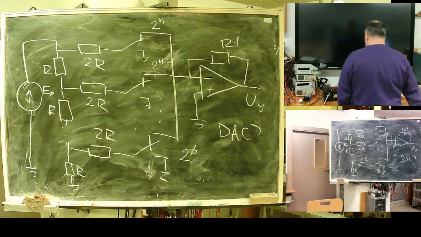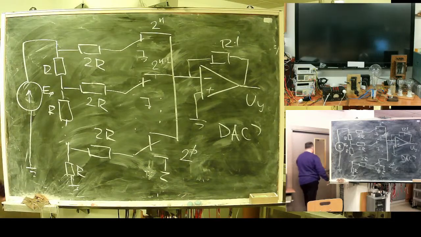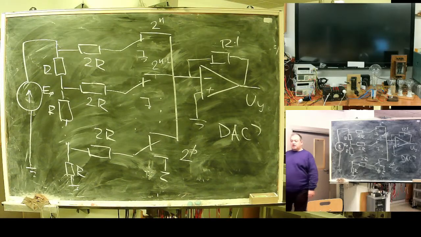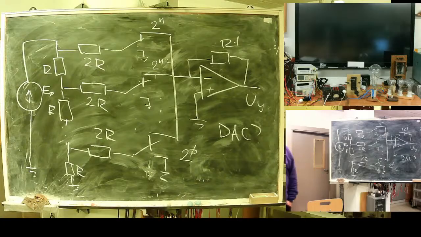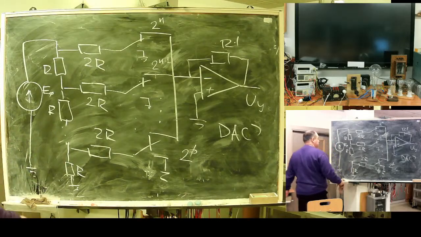Because if we have a digital to analog converter, we can create an approximation, or approximative ADC. How?